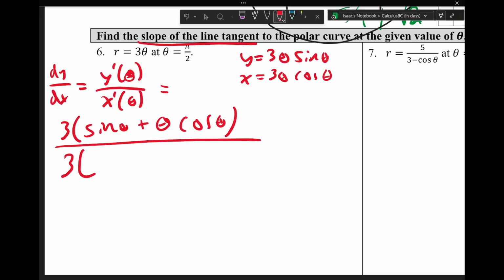Same thing, I'm going to pull the 3 up front and then do product rule with theta cosine theta. So the derivative of theta would be 1 times cosine theta left alone, and then theta times the derivative of cosine, which would be negative sine theta.